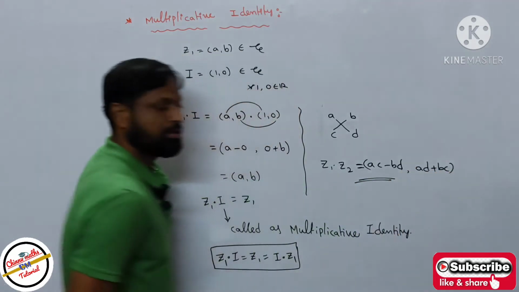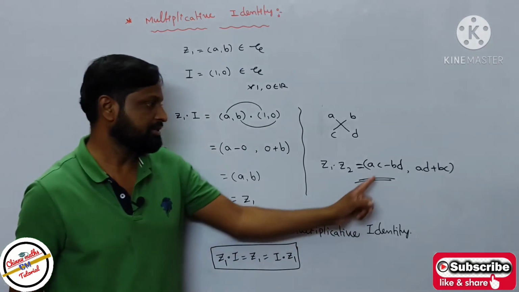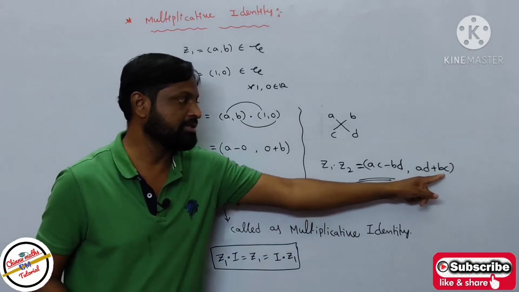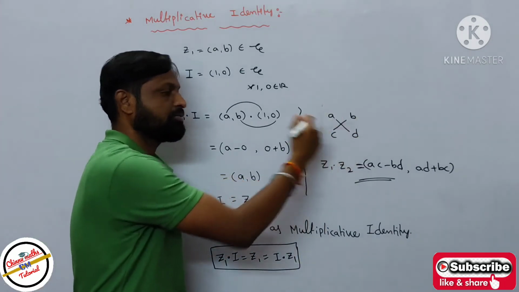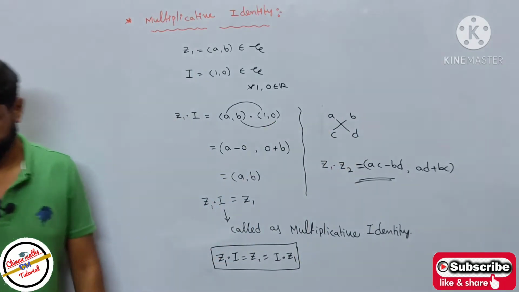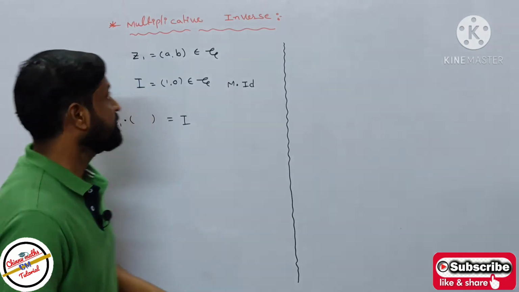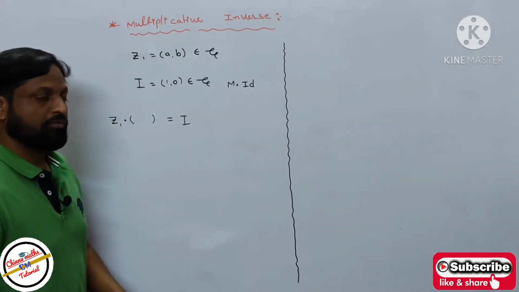It is the formula for multiplication of two complex numbers: AC minus BD comma AD plus BC. First multiply these two, after that take the cross multiplication. Clear? Continue to the next property, multiplicative inverse.